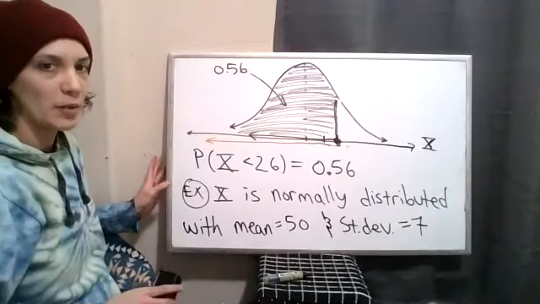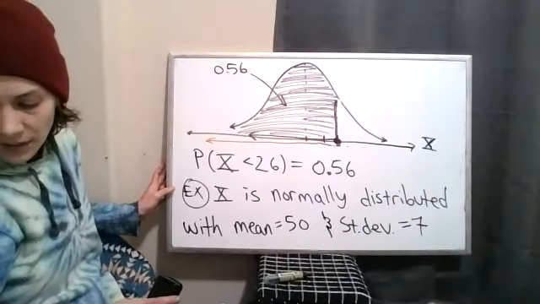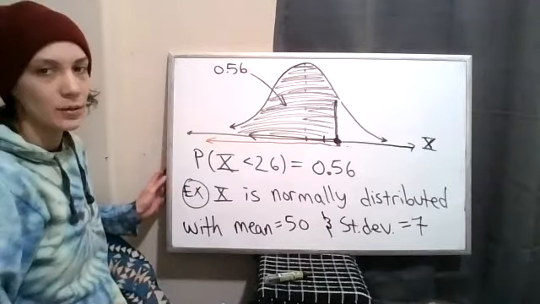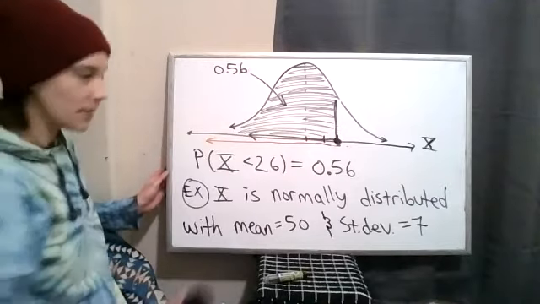Then the probability that x is greater than 65 is equal to 0.0162.